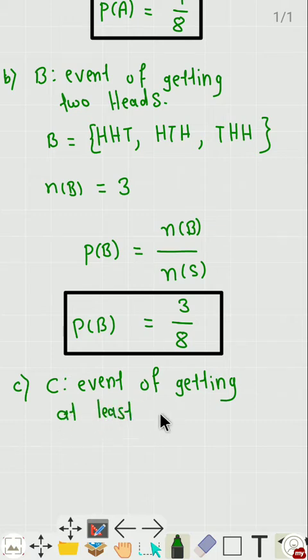Therefore the event C contains outcomes with at least two heads, meaning two or more than two heads.